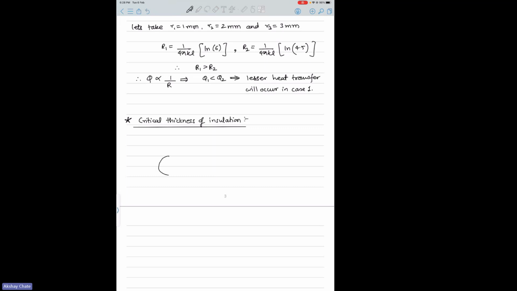So typically you'll have a conducting rod or something like that, of some radius Ri at temperature Ti. Typically it is a hot rod or something like that, and then you have to wrap an insulator around it.